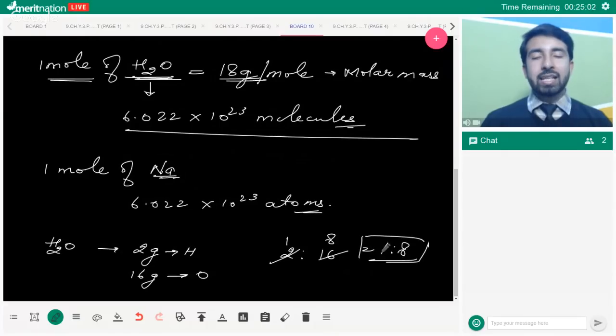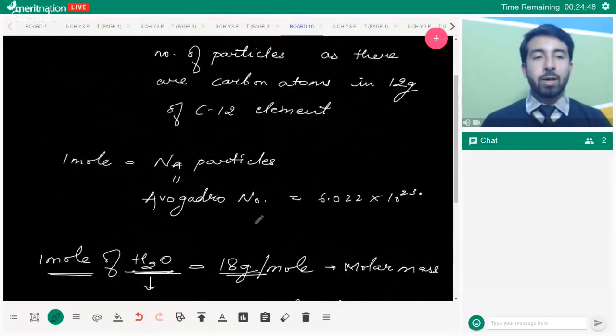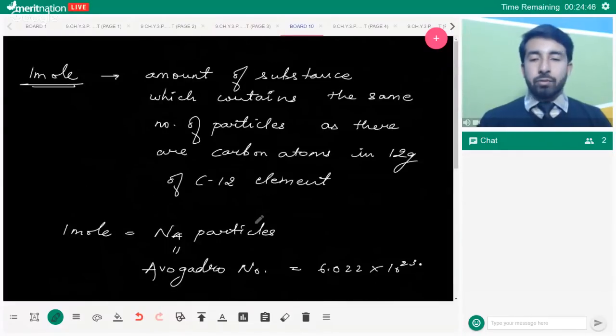When hydrogen and oxygen combine in the ratio of 1:8 by mass, water will be formed. So in water, the atoms of elements are combined in a fixed ratio by their mass. That is the law of constant proportion. I hope you're clear with that. Rinku, you can watch the video again.